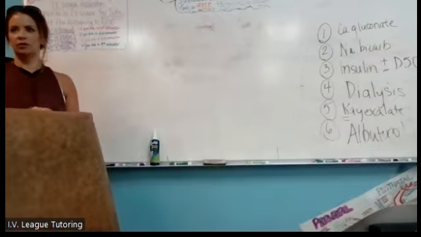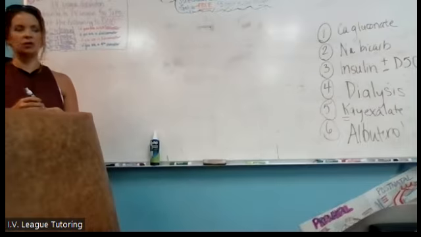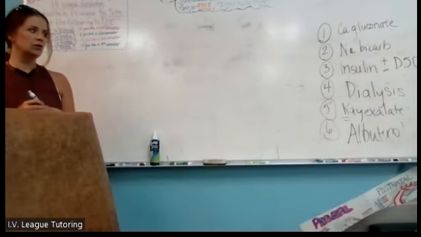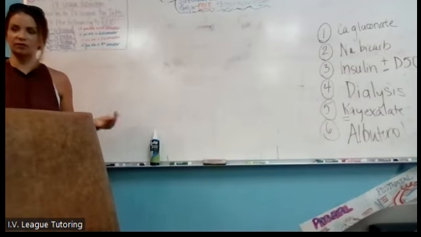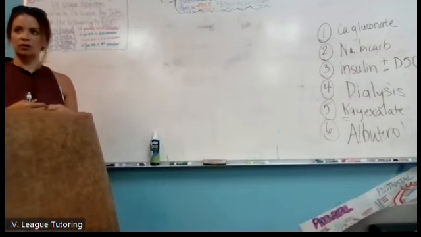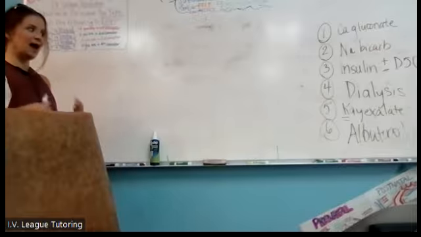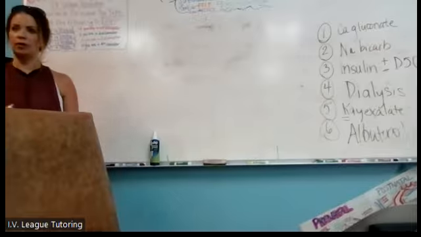Because it's causing vasodilation or something. What is albuterol? How does it work? What's its job? You also use it for asthma. It opens the airway. It is a bronchodilator. How does it work though?